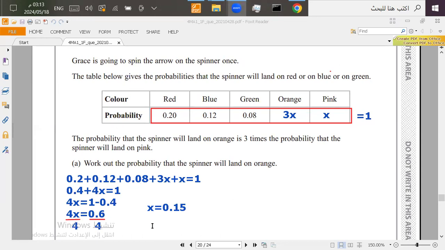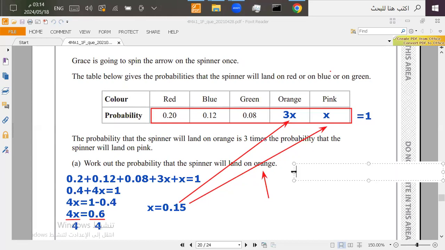So after finding the value of x, we can substitute the value of x here to find the probability of orange and the probability of pink. Now, they're asking for the probability of orange. It means we're going to multiply the 3 by 0.15, and we will get the probability of orange.